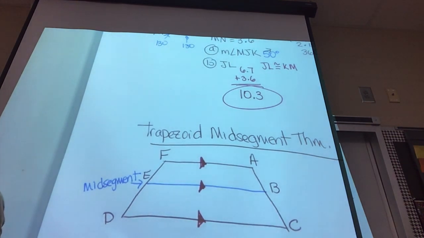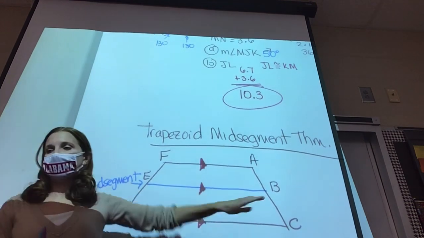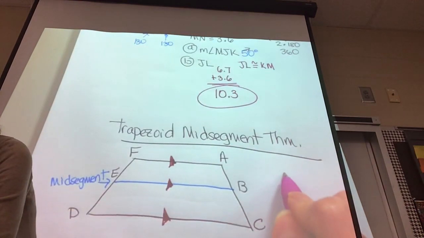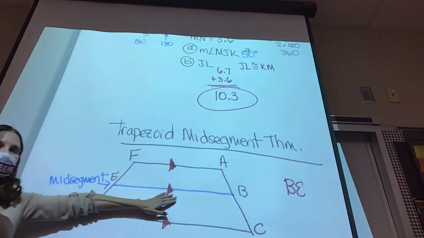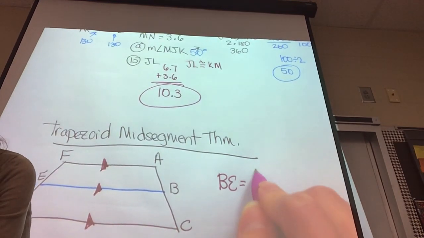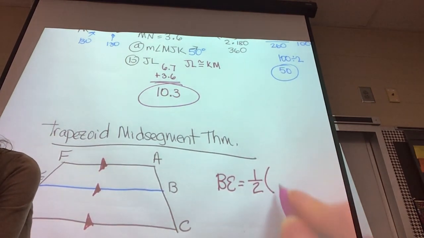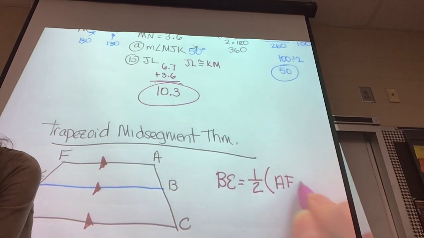Now, what this says is that the mid-segment is this line here. So it's going to be this line BE, which is your mid-segment. It's going to be equal to 1/2 of what you get when you add the top line plus the bottom line.